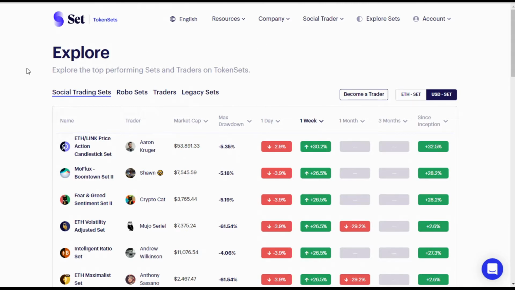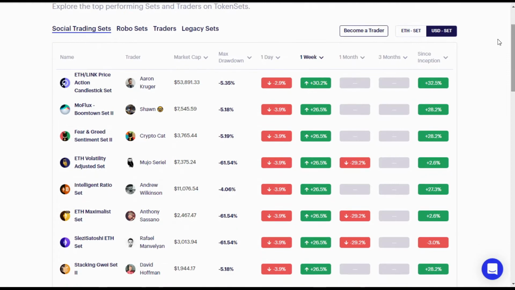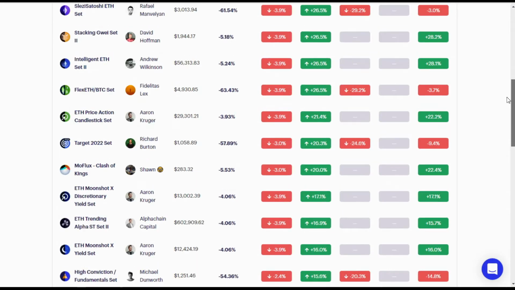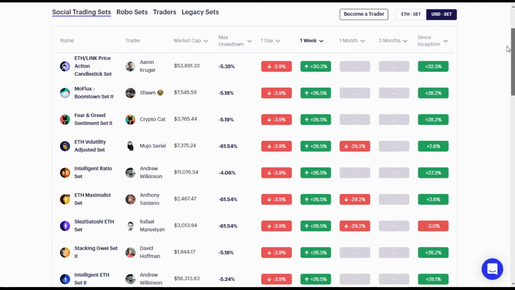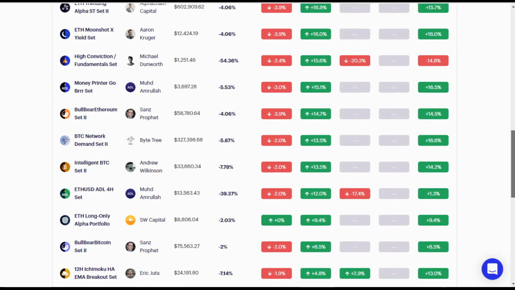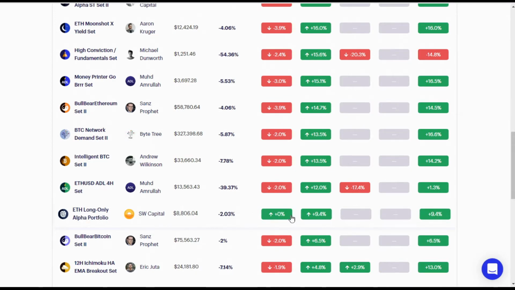So as you can see, these are the sets that these guys are suggesting. As you can see, 24 hours ago, everybody seemed to make a loss, except this guy. He basically just stayed at a 0. So what's he doing?